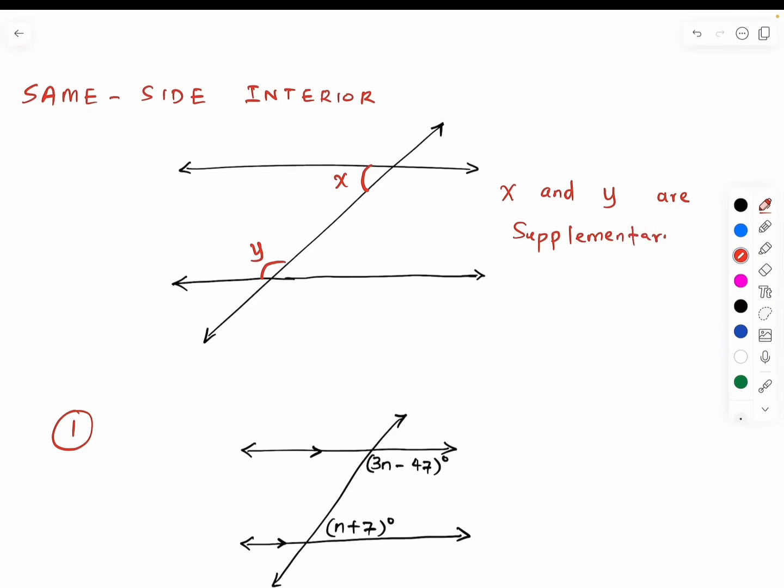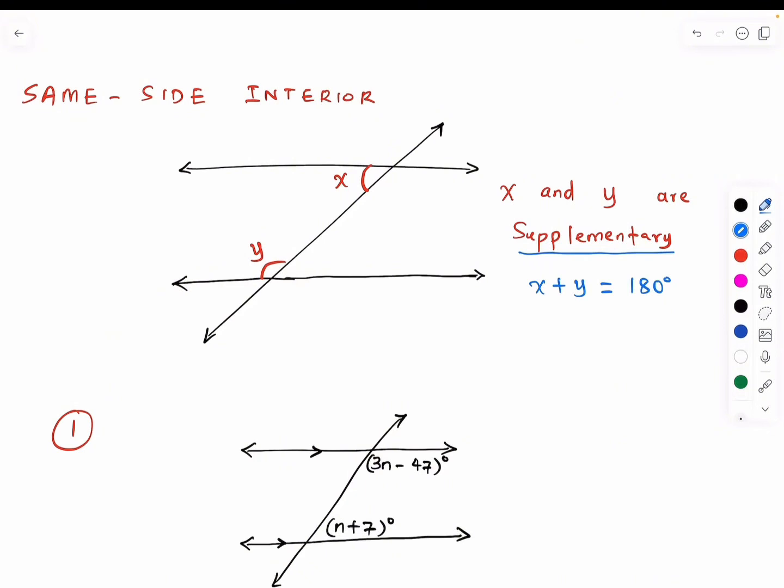What is the meaning of the word supplementary? If you want to write this as an equation, if X and Y are supplementary, it means that X plus Y is equal to 180 degrees. If you have these two angles, the sum is equal to 180 degrees. Let's see another example of angles inside that are also supplementary.